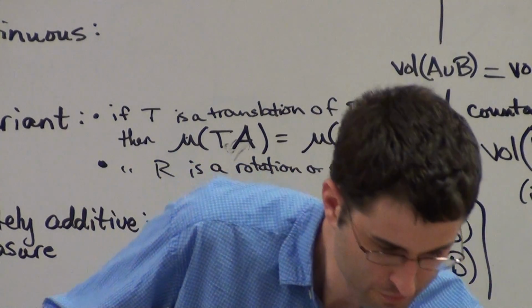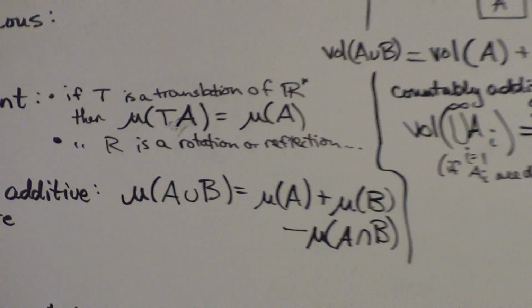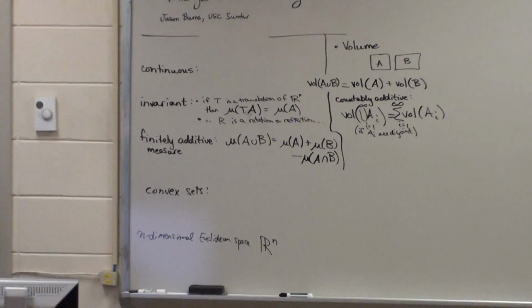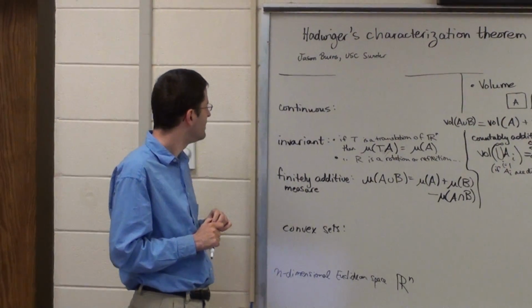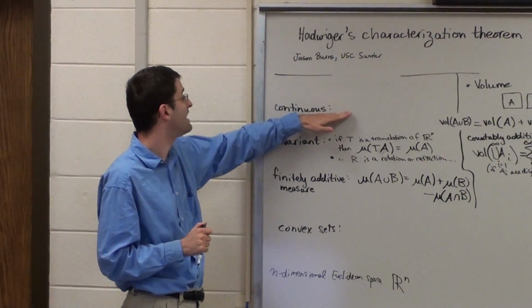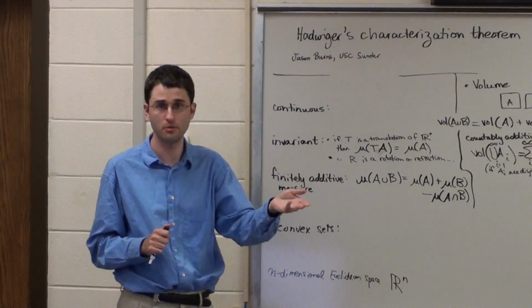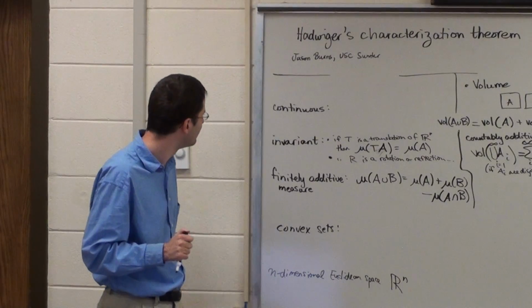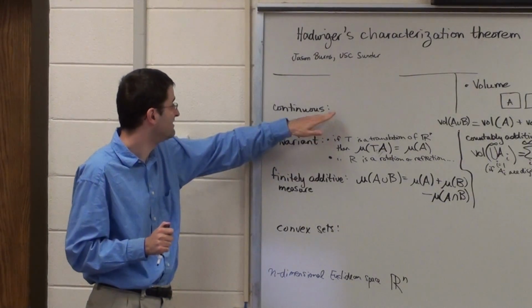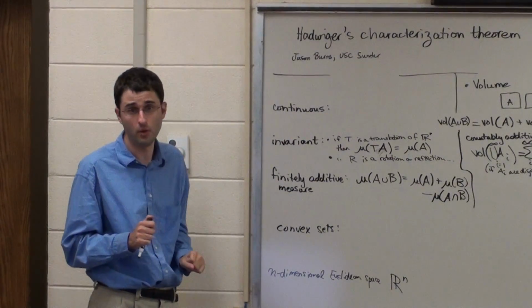You move your book, it still has the same volume. So this is basically what we think of. And continuous, loosely that means if you add a page to your book, you only add a little bit of volume. But I'll define that a little more precisely in a moment.